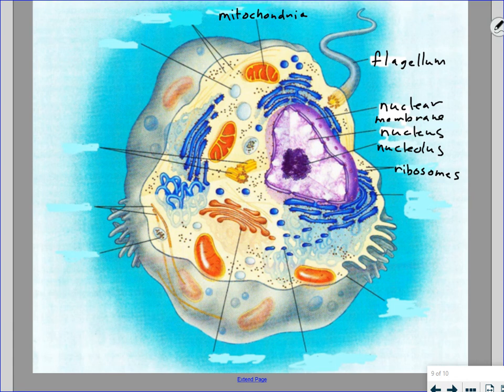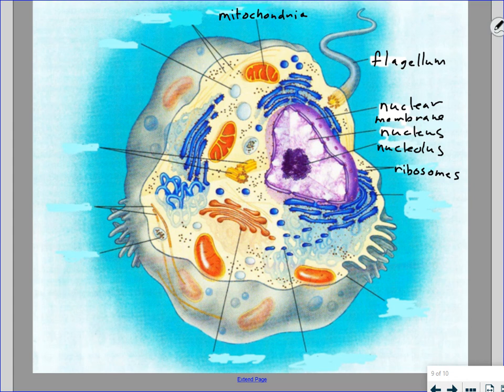Now ribosomes can be floating around freely in the cell. You see lots of those little dots everywhere in the cell. But lots of them are right near the nucleus, attached to this blue stuff. Because they attach to this blue stuff, they make it have a very rough appearance.